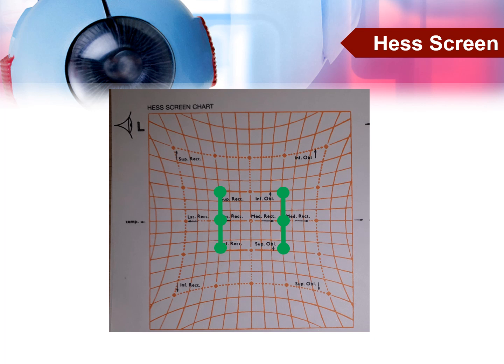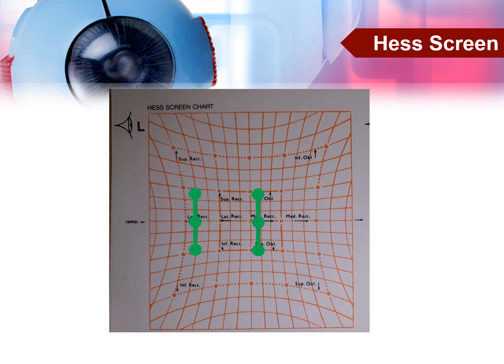If the patient has a paralytic lesion affecting the medial rectus muscle, for example, one will see an underaction of the medial rectus muscle. And because this is a paralytic lesion, one will see an overaction of the direct antagonist muscle, which is the lateral rectus muscle, that is almost equal in magnitude.